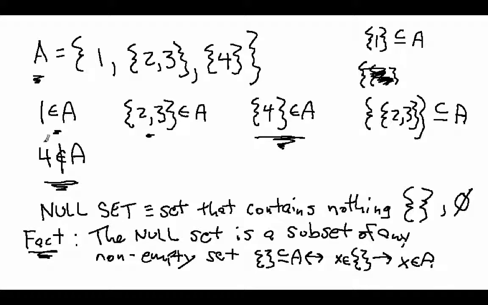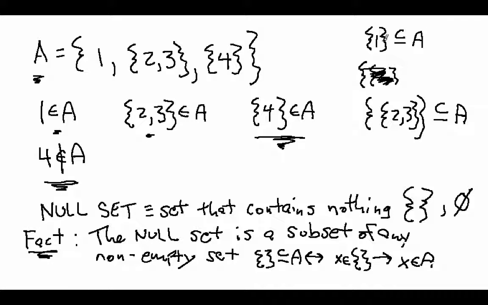Now, we've spoken a little bit before about subsets, and we're going to speak about them some more. So I want you to note over here that the set containing the element 1 is a subset of A. In other words, remember what it means to be a subset. It means that if X is in this, then X is in that.